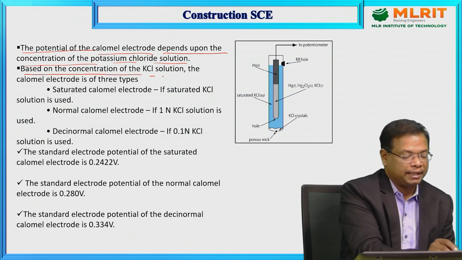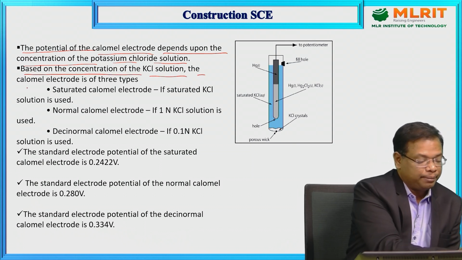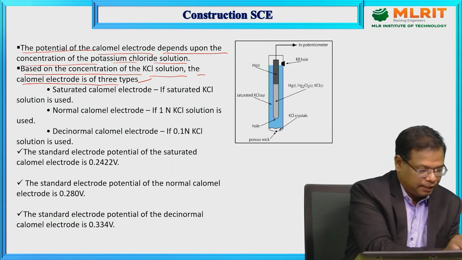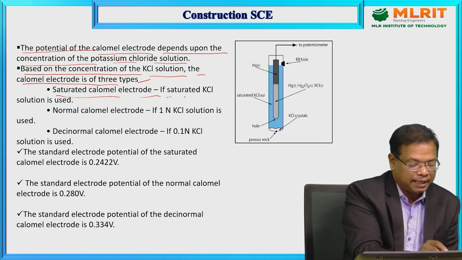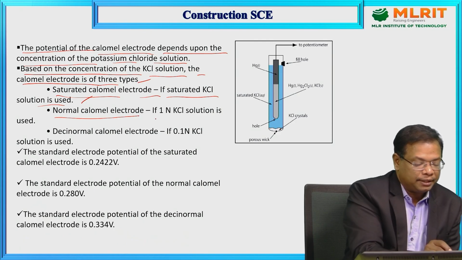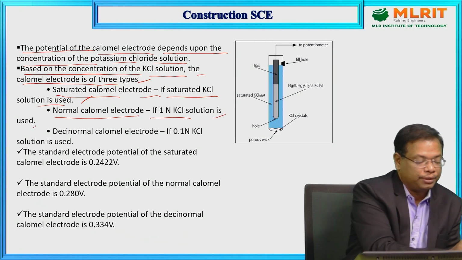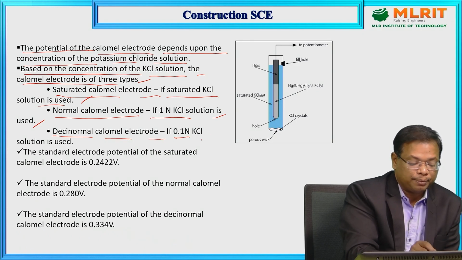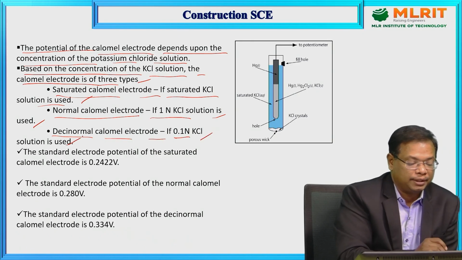Based on the concentration of the KCl solution, the calomel electrode is of three types. One is the saturated calomel electrode if saturated KCl solution is used. Normal calomel electrode if 1 normal KCl solution is used. Deci-normal calomel electrode if 0.1 normal KCl is used. These are the three types.